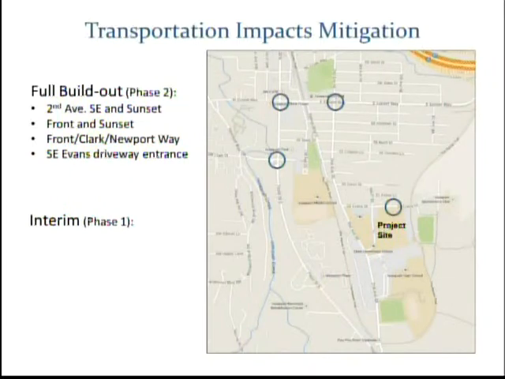Lastly, at full build-out, staff and the report identified a potential for issues at the driveway entrance on Southeast Evans due to some circulation issues, with parents maybe not dropping off or entering at the right place. There's a potential that some traffic impacts could occur on Evans Street associated with the use of that driveway.